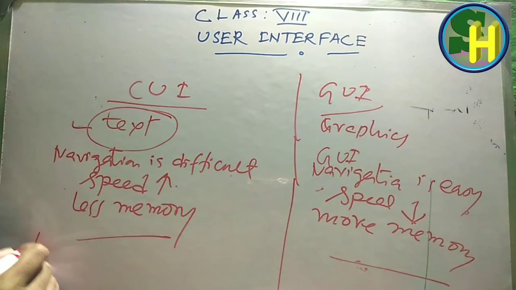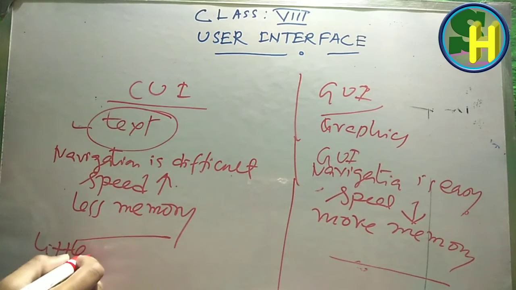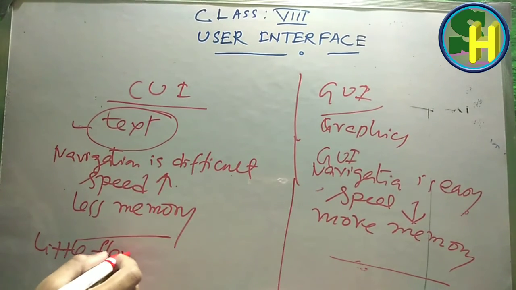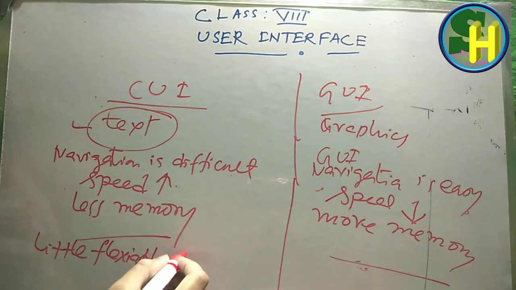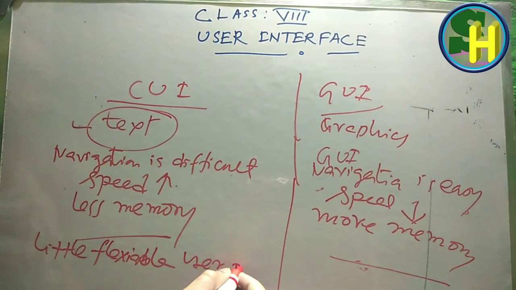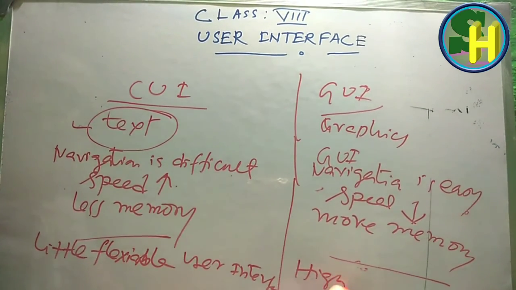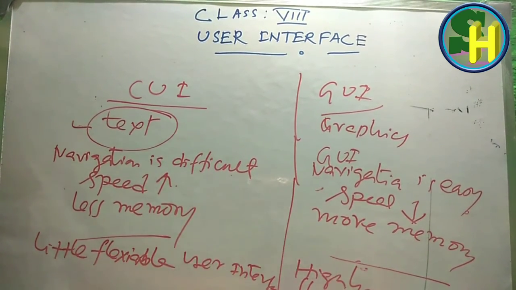CUI is a little flexible user interface. GUI is a highly flexible user interface.